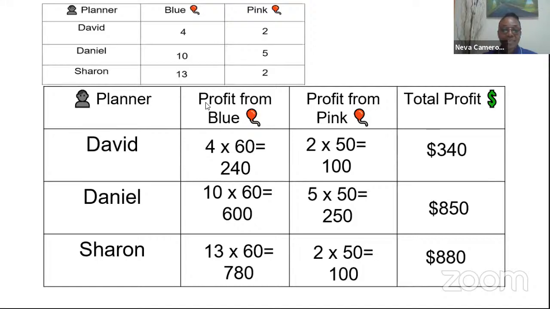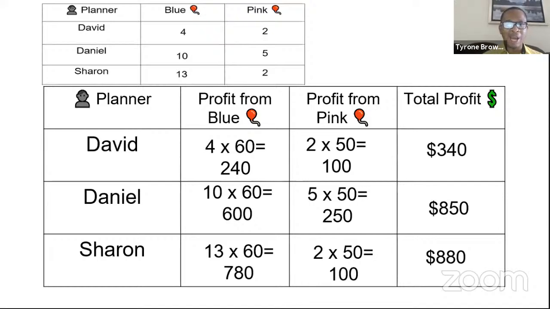Someone is saying someone didn't meet the criterion. Which one of the persons did not meet the criterion? We did Sharon already. Which one of the requirements did she not meet?